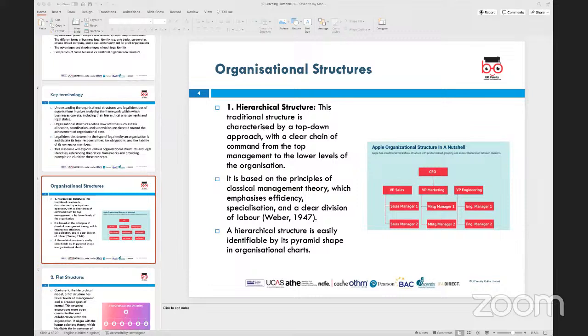Now, when I talk about hierarchical structure in general, there could be some advantages and there could be some disadvantages. This is one of the key things that we need to look at. When we look at advantages, they tend to be that there's a very clear line of authority amongst this structure. There is a very clear line of communication.